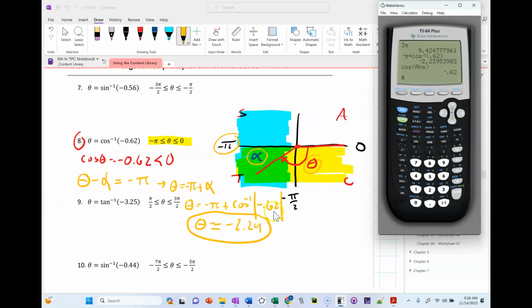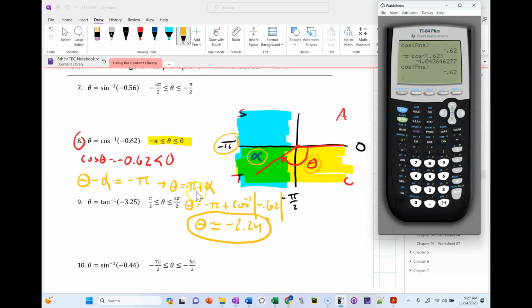If I had accidentally subtracted alpha instead of adding it, and I go to check, I'll notice that if I do the cosine of that answer, I get the wrong sign. Oh, I did get the right sign, but this is not in my interval though, right? Which is usually why we're doing the check at the end. That's because it usually can catch that stuff.